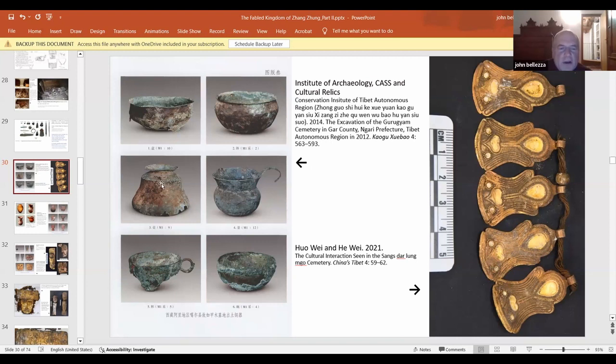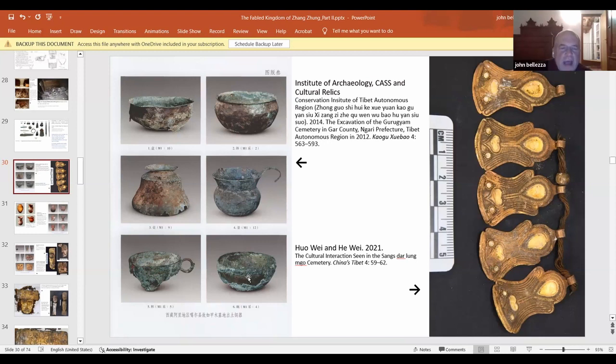We see like a dipper. We see here a jar with a flared mouth. Here we have a ringed cup with a ring handle. And here we have kind of a spherical bowl. And so we see a variety, and there are other types that were found in Guge, in far Western Tibet.